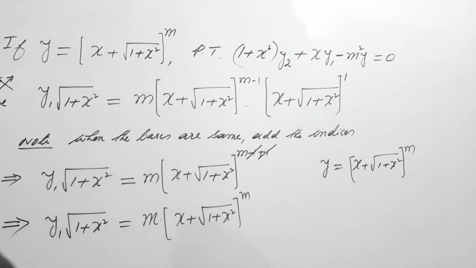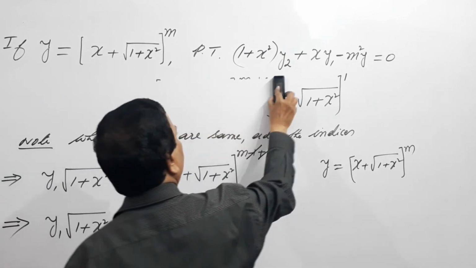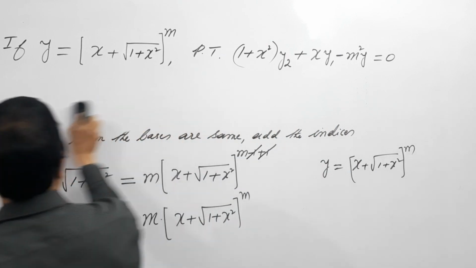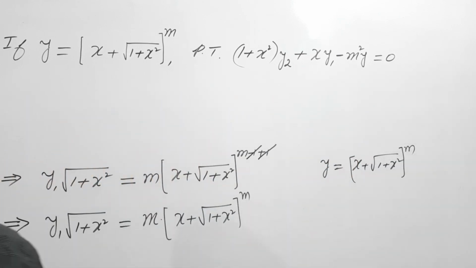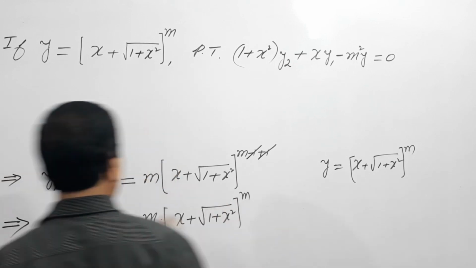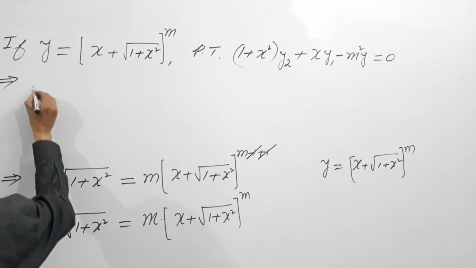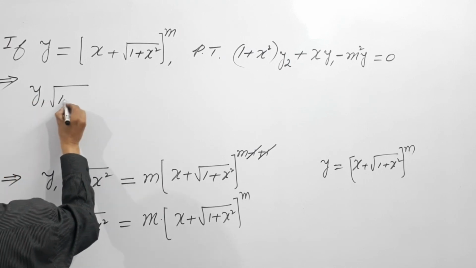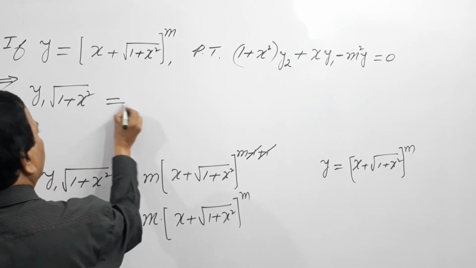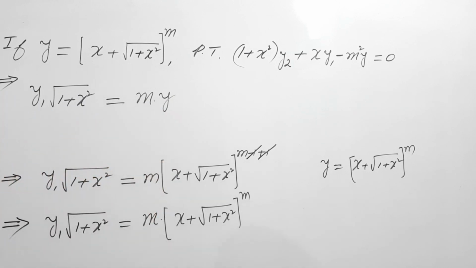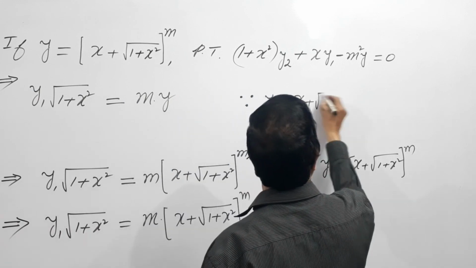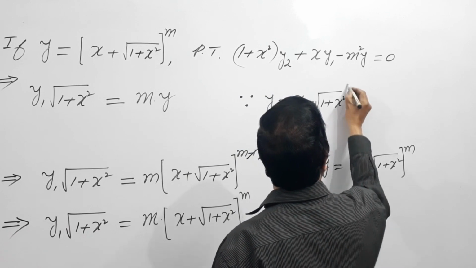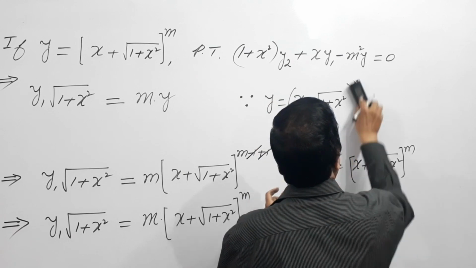So now I call this as y1 into 1 plus x square equals to m into y, since y equals x plus under the root 1 plus x square to the power of m, in square bracket only, I don't want you to get confused.